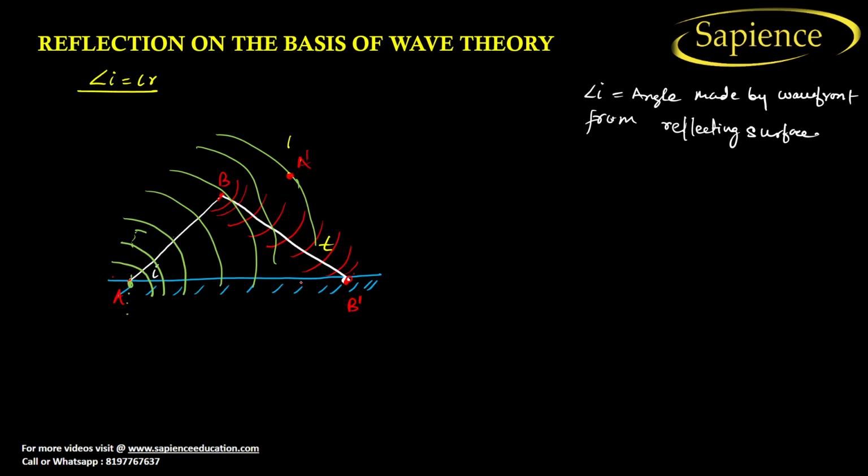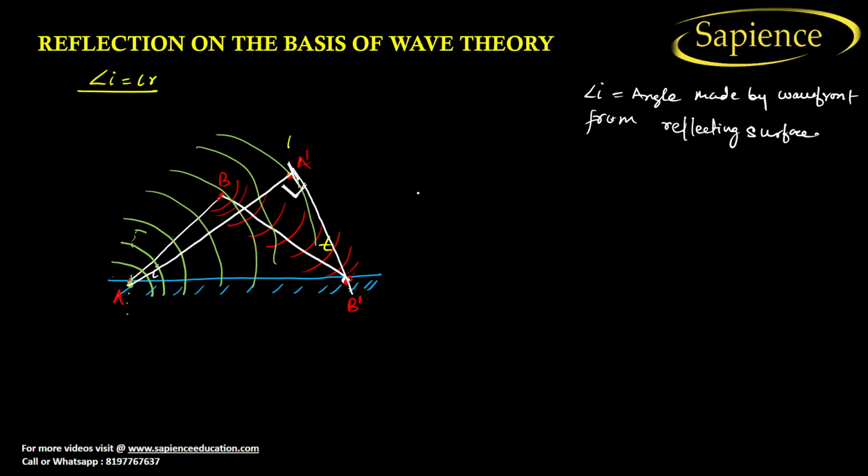Now we need to take a common tangent to both. So we will get it like this. This is the common tangent, and this is perpendicular because it is a common tangent.